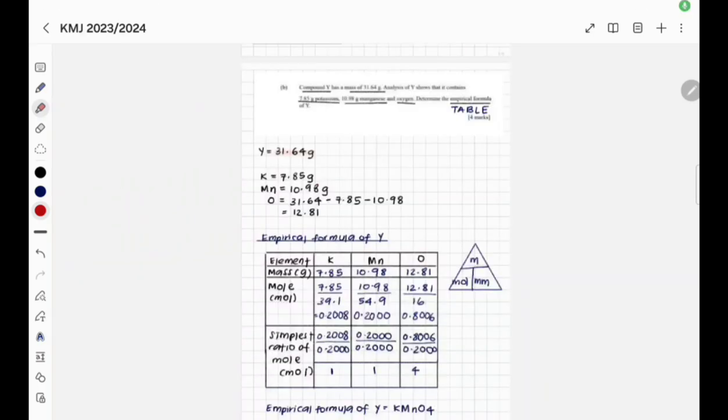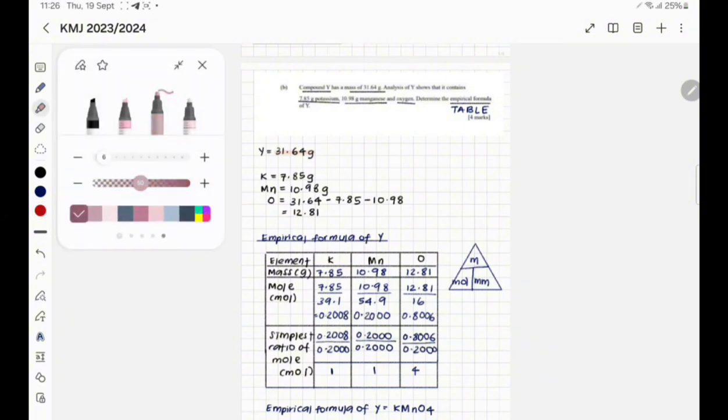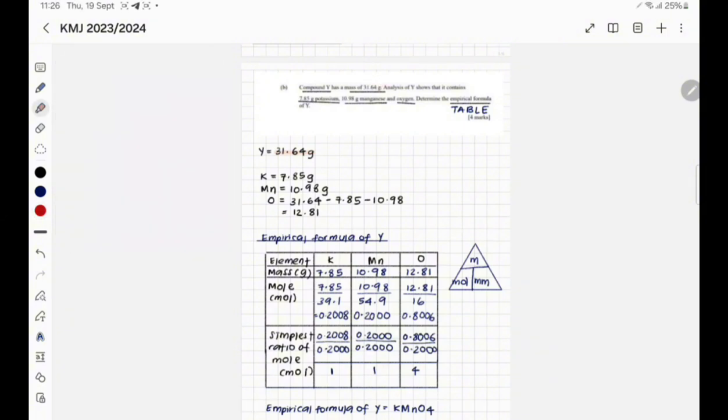So question B, compound Y has mass of 31.64 gram, and analysis of Y shows that it contains 7.85 gram of potassium, 10.98 gram of manganese, and untuk oksigen dia tak bagi.